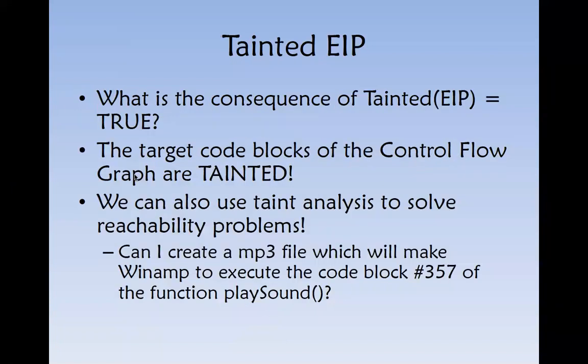You can also use taint analysis to solve reachability problems. So if you've got, let's say, a sound recording function called play sound, and you want to create a particular mp3 file which will allow you to execute a particular code block within that function, then all you have to do is run the mp3 file through a taint analysis tool and see whether that particular tainted input is going to taint block number 357 in play sound.